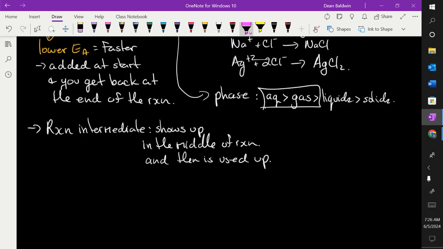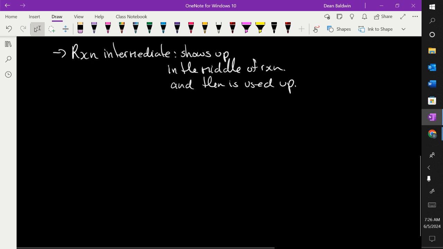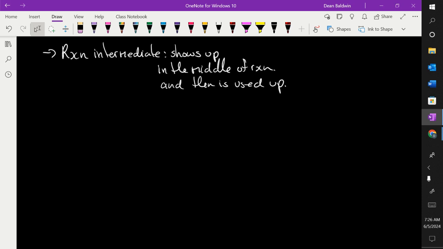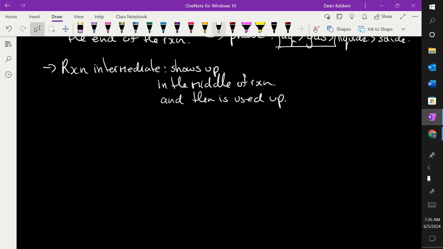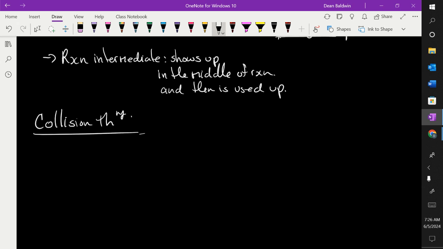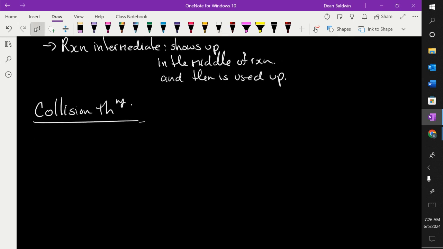All right, so let's talk a little bit about potential energy diagrams. Oh, collision theory. Sorry, do collision theory first. So two things for collision theory: to have a proper collision so that you actually have a reaction, you need proper geometry, and you have to have enough kinetic energy.